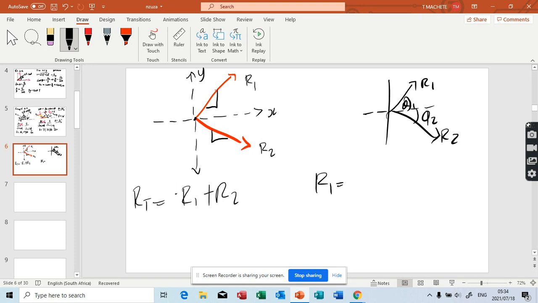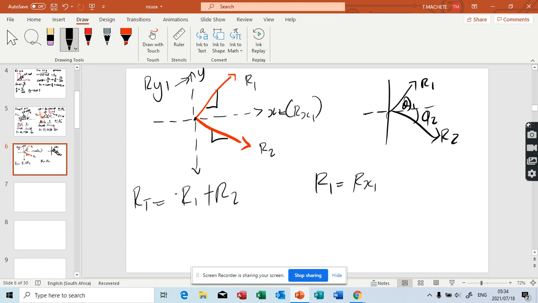Remember, you're only given the resultant. R1 has got your RX1 and your RY1. These are your components. Do you see that? And then you're going to have to find your x-axis components and add them.